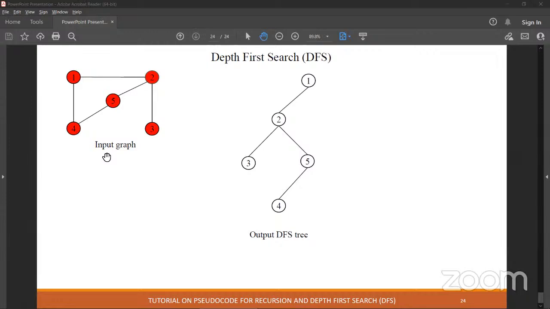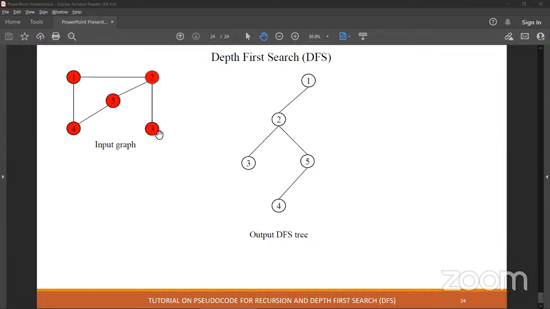If we start from 5, then we'll go to 2, the smallest. But what she was saying is something else. I was talking about the output DFS tree which has been put over here. It's not like that level-wise it will be in incrementing order. It purely depends on the starting point and the connections among these nodes.